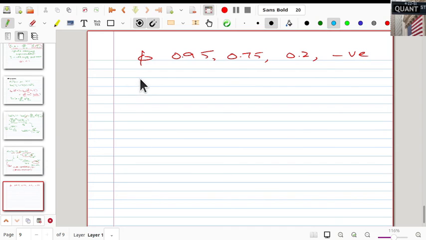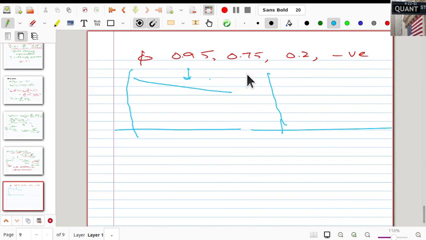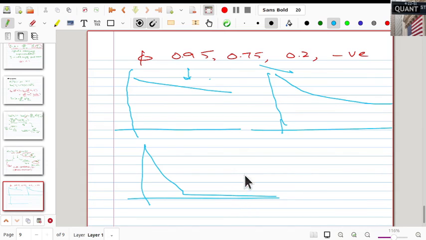If you plot the autocorrelation for these four, it will be something like this. So this will be the case for 0.95. For 0.75, this will be the case, so it will be a little steeper. For 0.2, it will sharply decline and reach a correlation of 0.